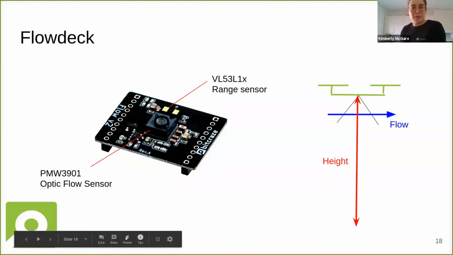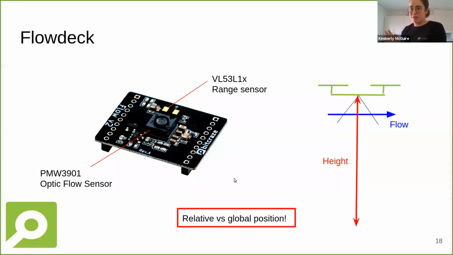Also think about, like I said, this is a positioning system in general. It's just on board. The big difference with the Lighthouse system, for instance, is that it has an X, Y, and Z zero somewhere on the floor, so that's more of a global positioning system.